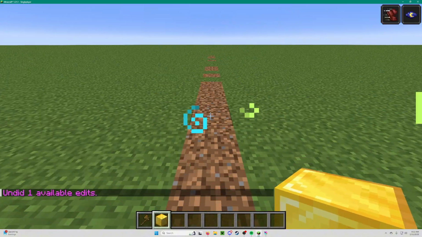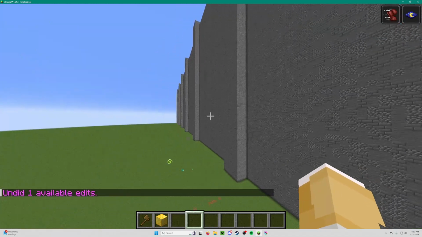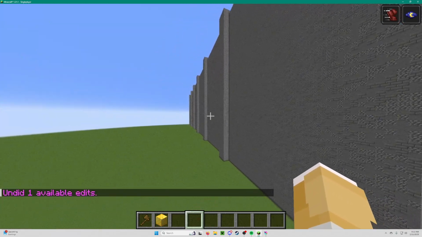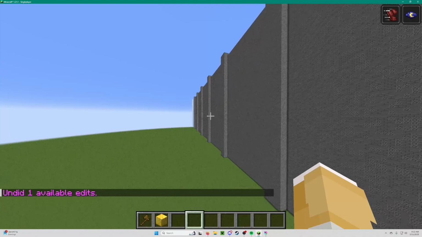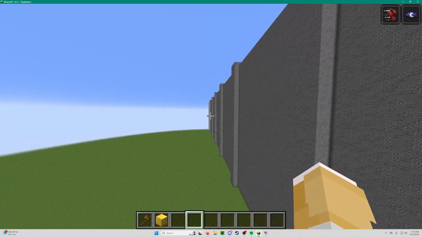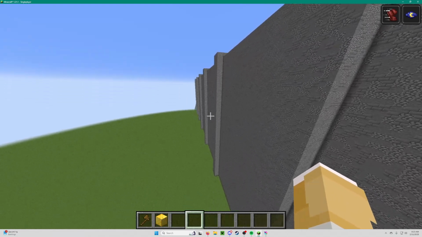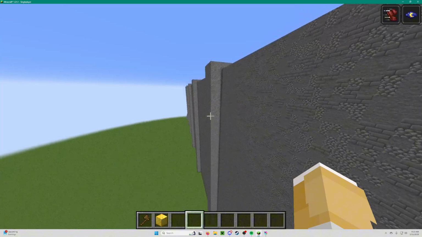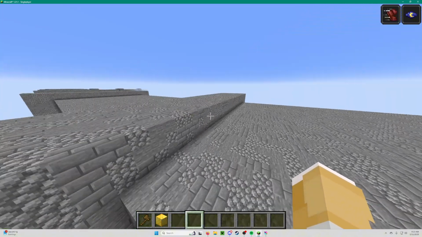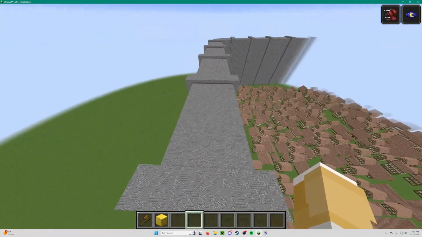But I honestly just eyeballed the thickness of the walls, because there's not always going to be measurements. So sometimes you have to use your common sense and say, in this situation, how thick are these walls going to be in relation to the width and the height?